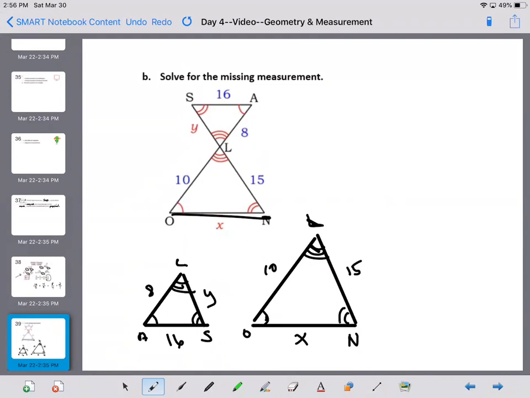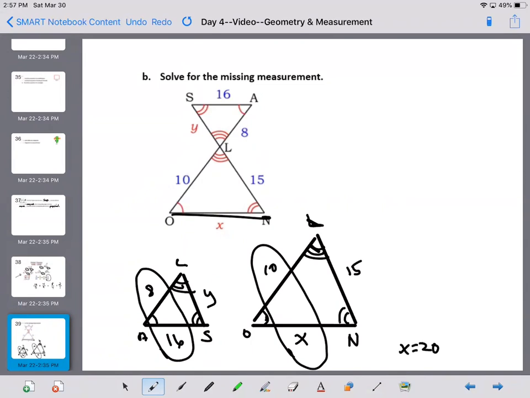So another way to look at this would be, if this is 8 to 16, notice that 8 to 16 is half. So what does x have to be for 10 and that other number to be half? Well, x has to be 20. And so look at 10 and 15 and 8 and y.